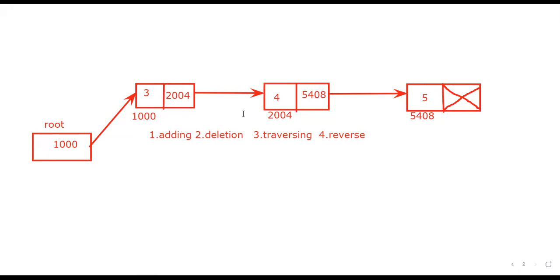Here totally 3 elements are there. That means 3 nodes are there. So a linked list consists of a collection of nodes. Collection of nodes is called a linked list.